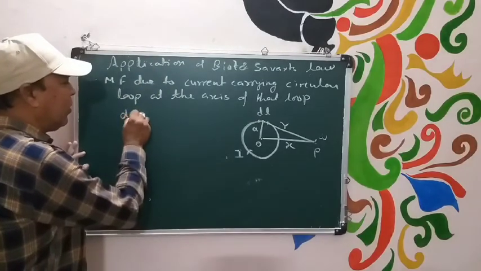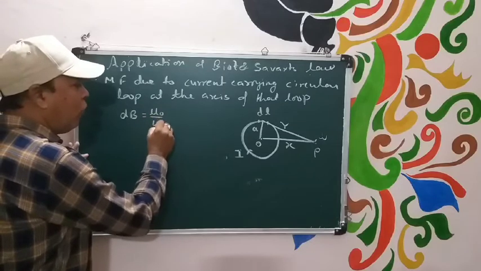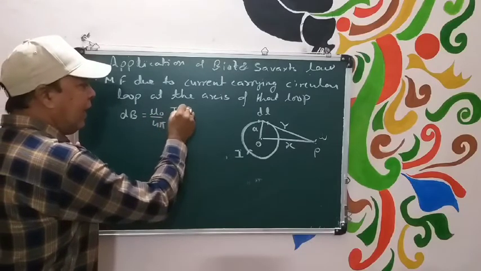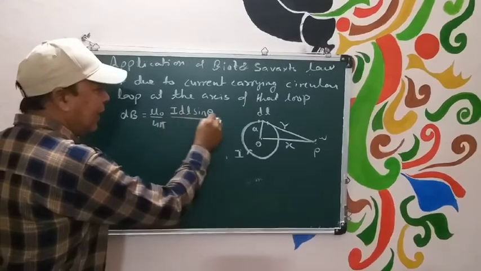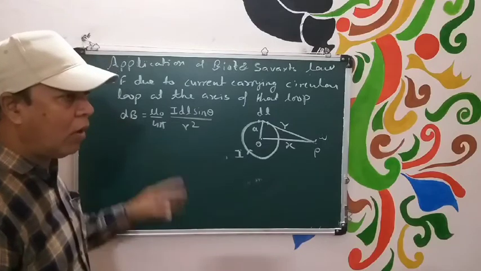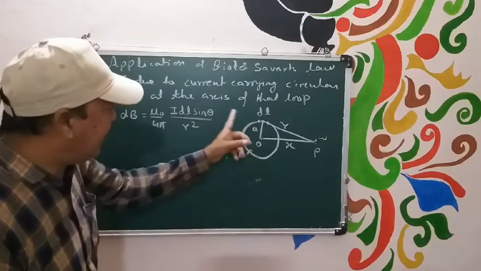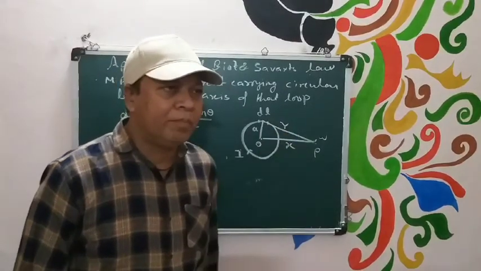What is Biot and Savart's law? dB is equal to mu naught upon 4 pi I dl sin theta divided by r square. This should be the value of dB. Obviously, theta is the angle between dl and r.